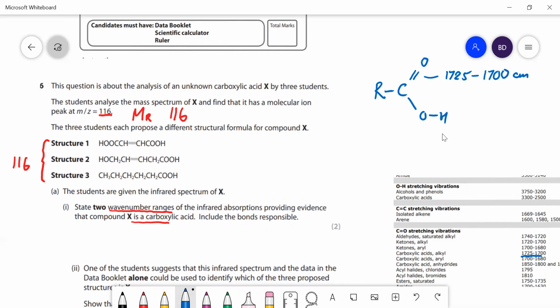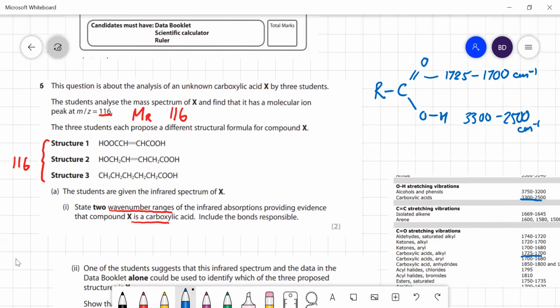And you've also got the OH in a carboxylic acid, which is different to the OH in an alcohol. The wave number range there is 3,300 to 2,500 centimeters to the -1, and that will be a pretty broad peak as well. Okay, right. So that's it.